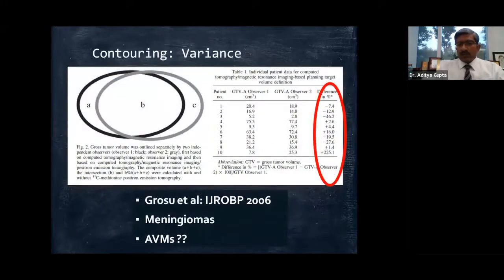Now contouring is one thing which is very subjective, and there are a number of studies which show that between different people who are contouring, there can be a huge amount of variability. For example, in this study published in AGRIM in 2006, if you look at the highlighted part of the table, you would be surprised to know about the kind of variability which can exist between two different observers who were contouring the meningiomas.